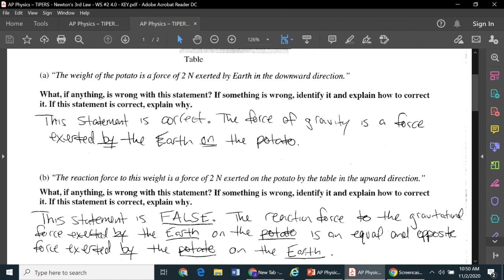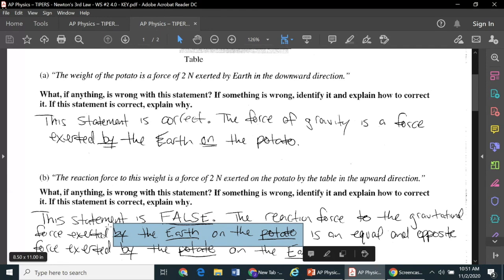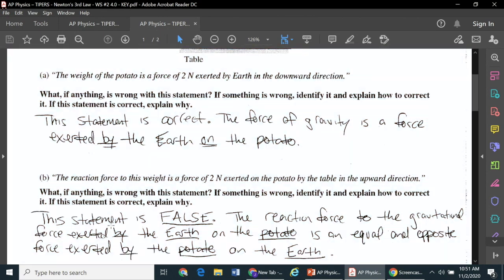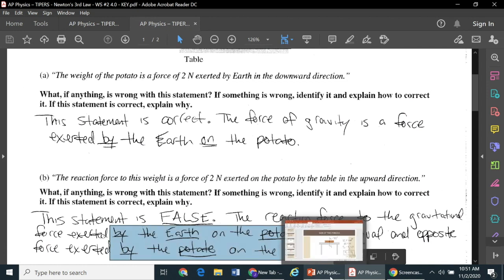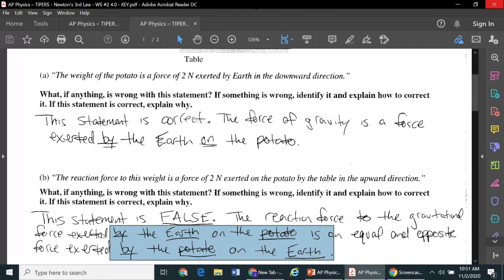And I think that using this phraseology here of exerted by 1 on 2 is nice because, number one, you can get a sense of exactly which objects are involved in the interaction and know what is exerting the force and what the force is being exerted on.